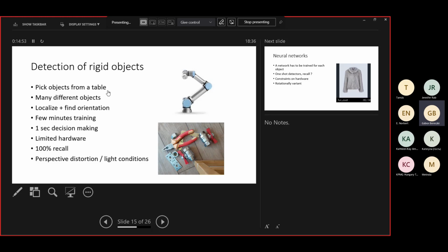This is very different from what we saw before with neural networks detecting a cat or a dog. You can detect any cat or any dog. Here we have to precisely detect the machine part that we want to pick, and we need to find the exact orientation, because the robot must always grip it at the same position so that it can be put into the CNC machine.